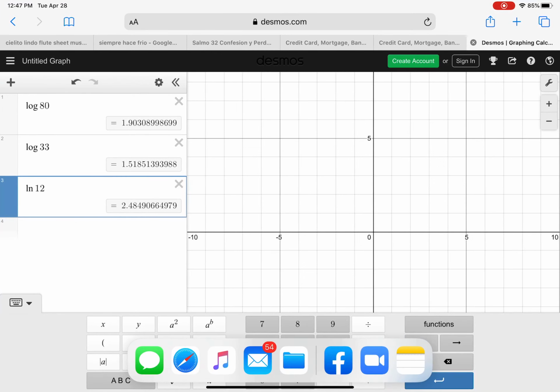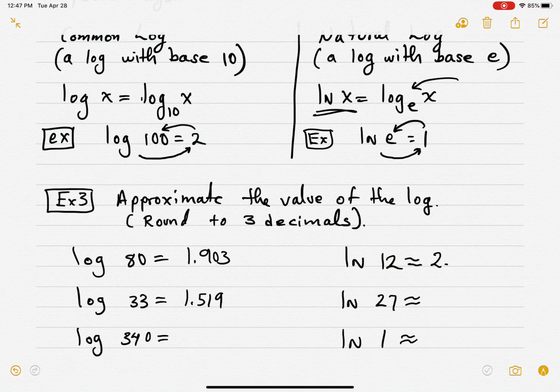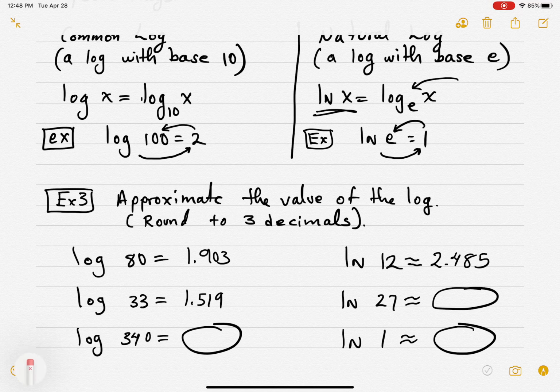And I'm going to stop right here because you've seen enough. You could evaluate the other ones on your own, just type them in the decimals, and it'll give you an approximation. Similarly, if you have a scientific calculator, you can just type that in and get an answer.